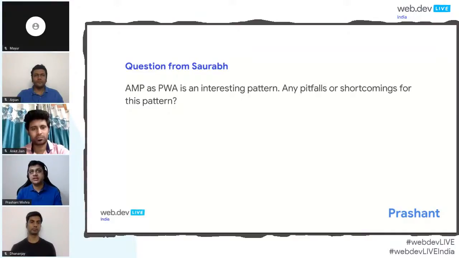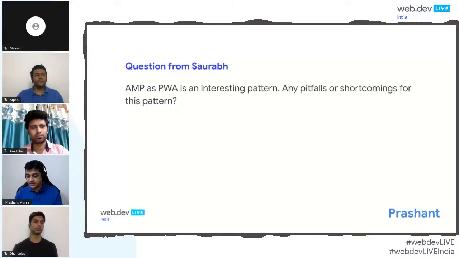Also, there can be other complex patterns, like say you are planning to use WebAssembly, right? Now you will have to see, can you run it inside AMP iframe? AMP iframe has got its own limitations. It cannot be on top of the fold, for example. What if you need that component on top of the fold where the user is landing? So again, you are hit by a roadblock.